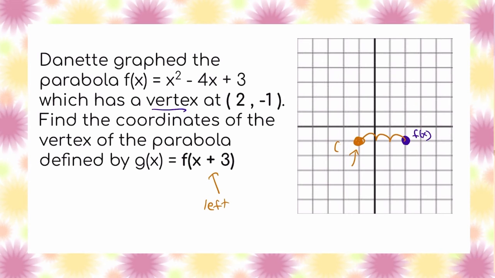What are the coordinates for my new vertex? Well, the coordinates have to be x and y. For this one, it looks like my x value is -1, and my y value did not change. It is still -1 as well.